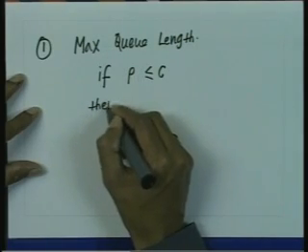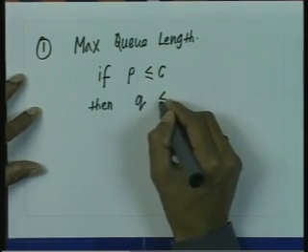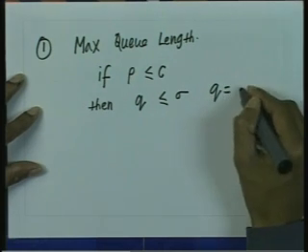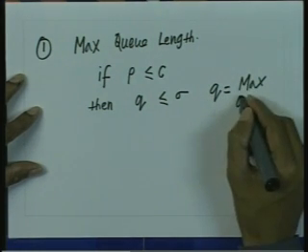So what we are saying is if the input average arrival rate rho is less than or equal to the transmitter rate, that means the output link rate is more than the average arrival rate, then we can prove that the maximum queue length of this queuing system will be bounded by sigma, that is the maximum burst size. Okay, so we can prove that the maximum queue length will be less than or equal to sigma, where Q I am saying is to be max queue length.